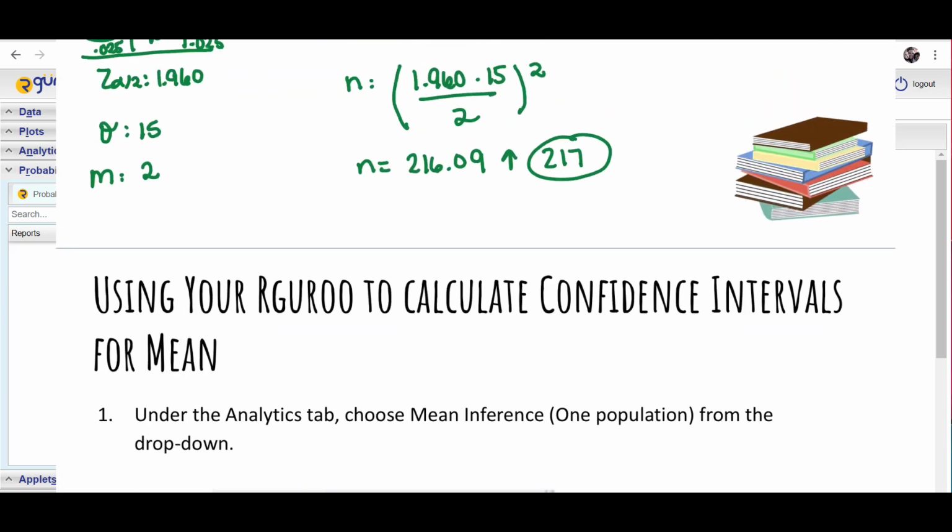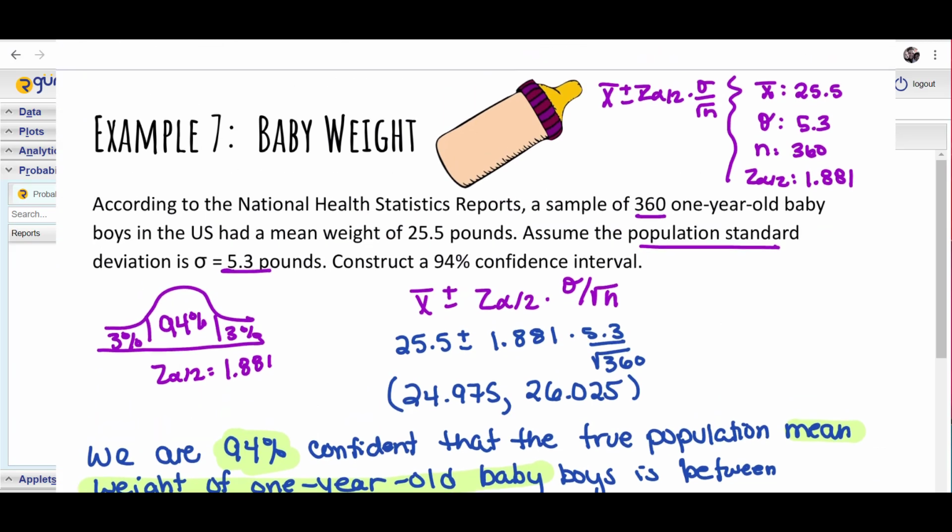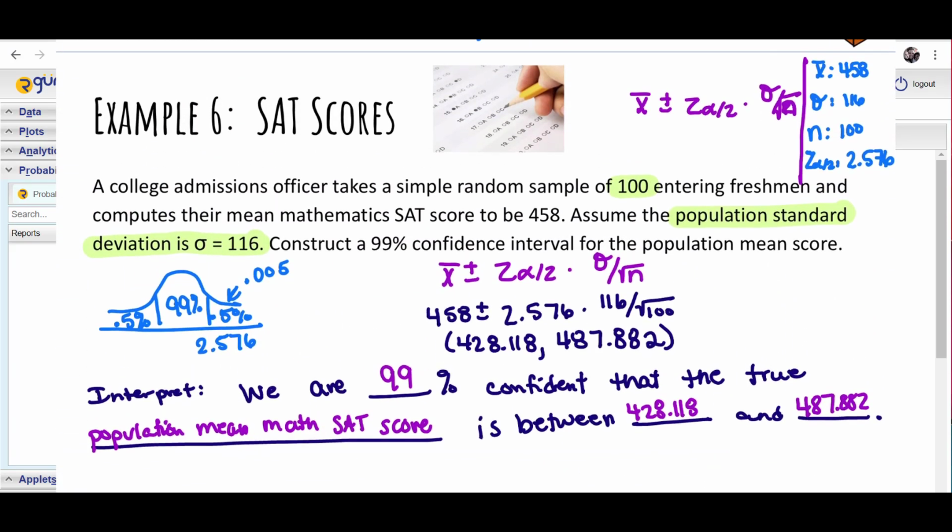So let's just go back up here, starting with example 6. All right, so what we need is the sample mean, the population standard deviation, the sample size, and the confidence level.